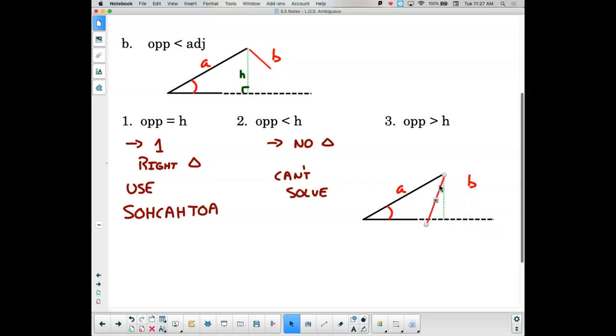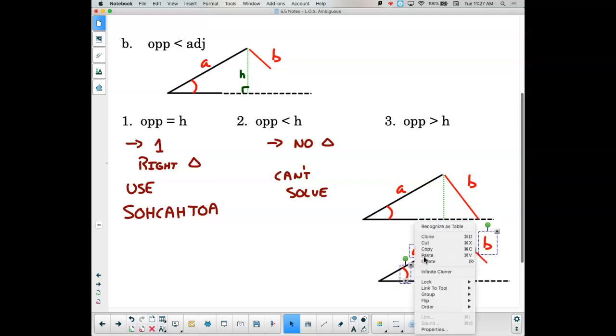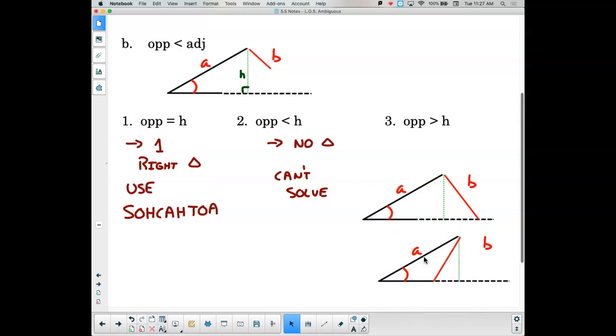If I swing that like a pendulum, how many triangles do I get? I get one there, and I'd get that one there also. So I get two triangles in this case.